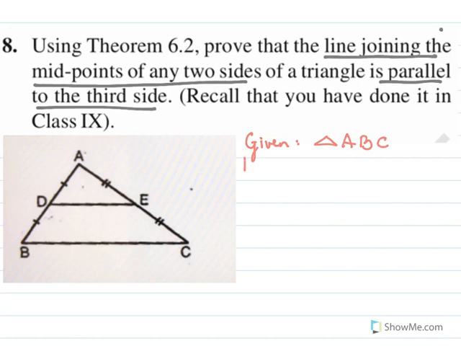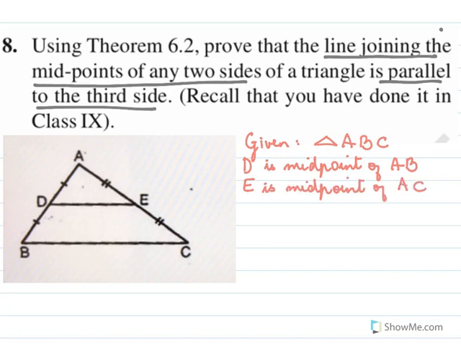So here given is a triangle ABC. D is the midpoint of AB. And on the other side, E is the midpoint of AC.